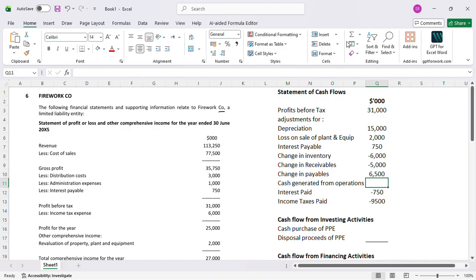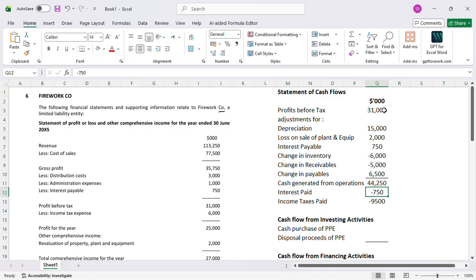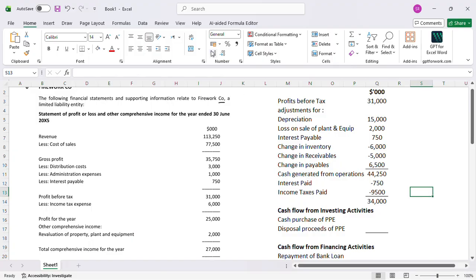So let's have a total for cash generated from operations, and a subtotal here after paying interest and income taxes. These amounts already have a negative sign, so I'm just going to add them up. So far, we end up with 34,000. Let's continue.